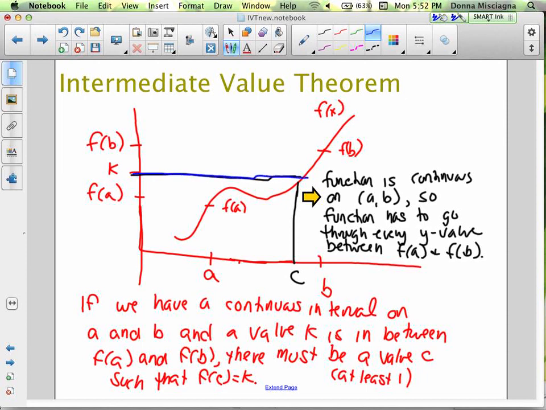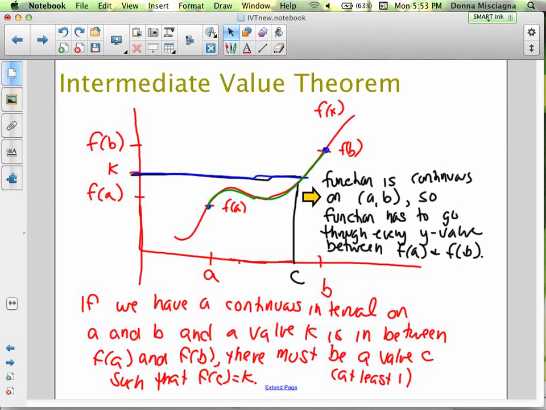I cannot get from here to here without crossing that line. Here I go. I'm trying not to, but I've got to cross it. I can't get there. So you've got to cross that line somewhere. There has to be at least one. Sometimes there's more, but there's got to be at least one value of x.